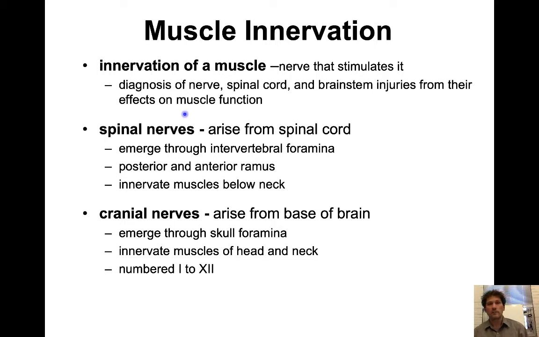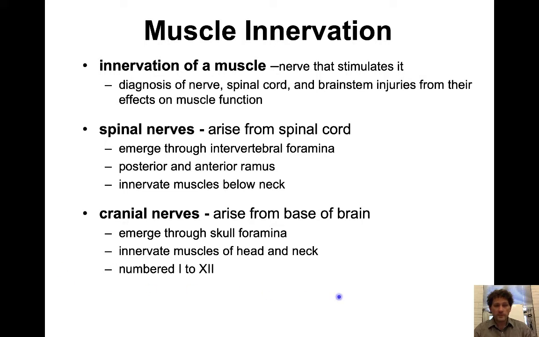We talked about this back in Units 3 and 4, but again, depending on where our damage is, or what muscles we can't move, we can learn about which spinal nerve or what area in the spinal cord is being affected. Remember, the spinal nerves come off of the spinal cord, pass through the intervertebral foramen, and come out through the anterior ramus. And again, they innervate those muscles.